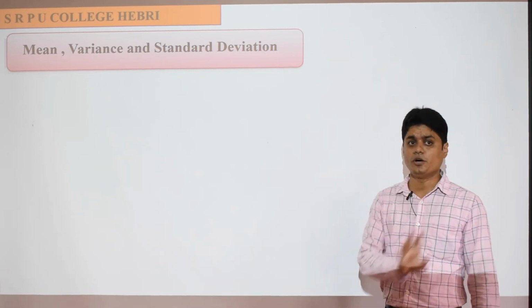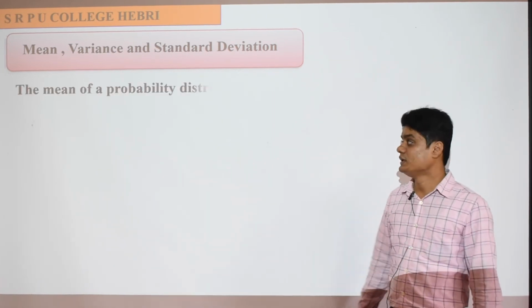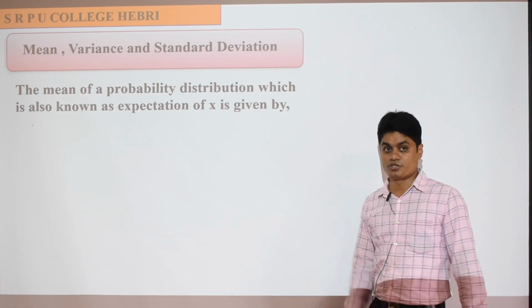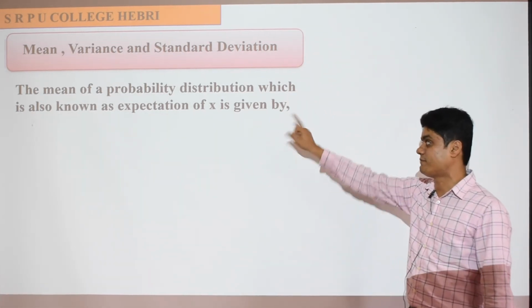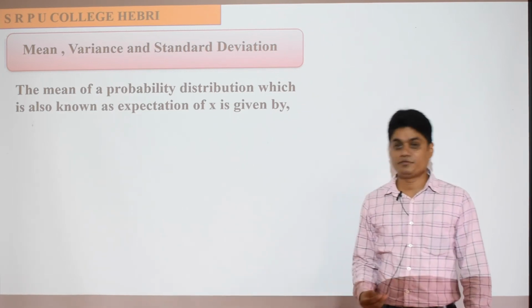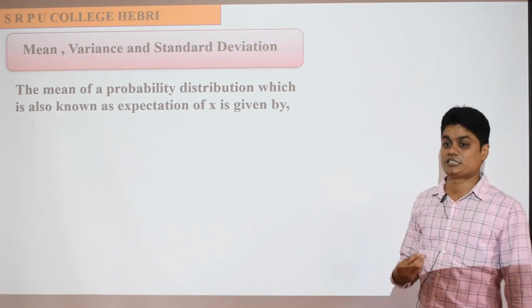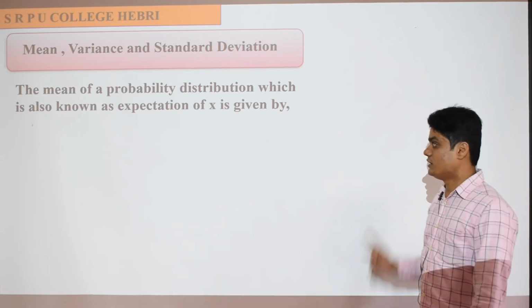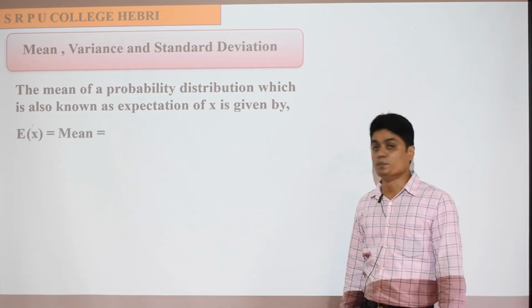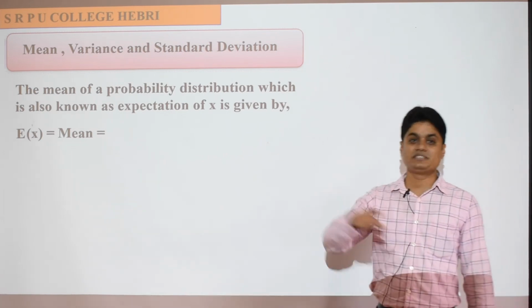Proofs are not given, only formulas, because you know about it. The mean of the probability distribution is known as the expectation of X. Nothing to worry, it will be clear when we do problems. It is given by E of x, which is the mean. Mean means add all the numbers and divide by the total number.